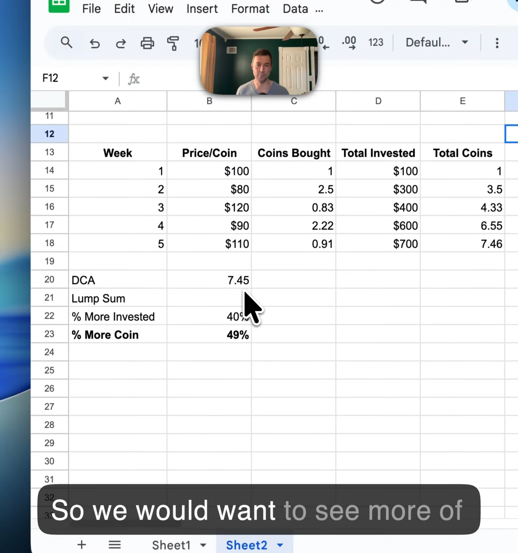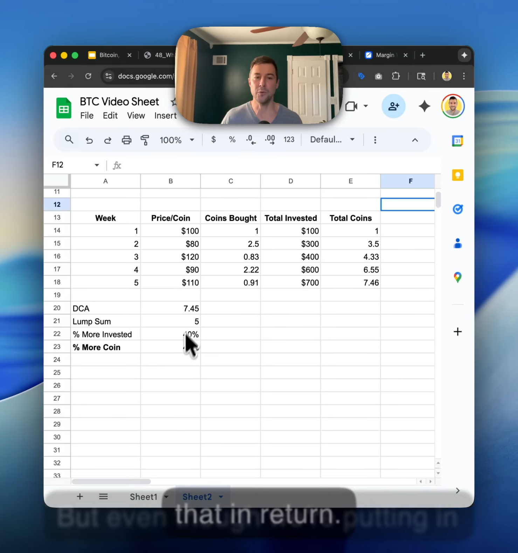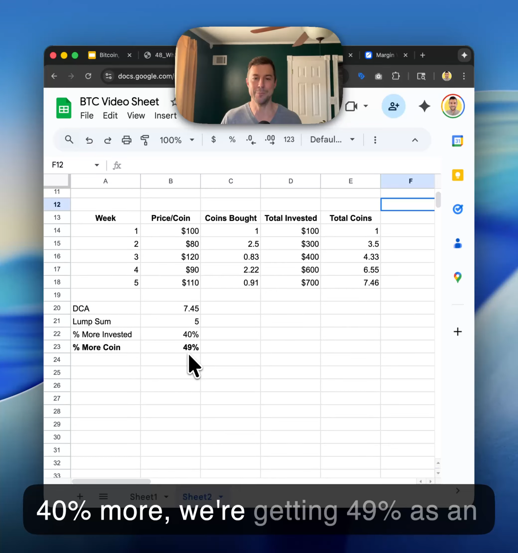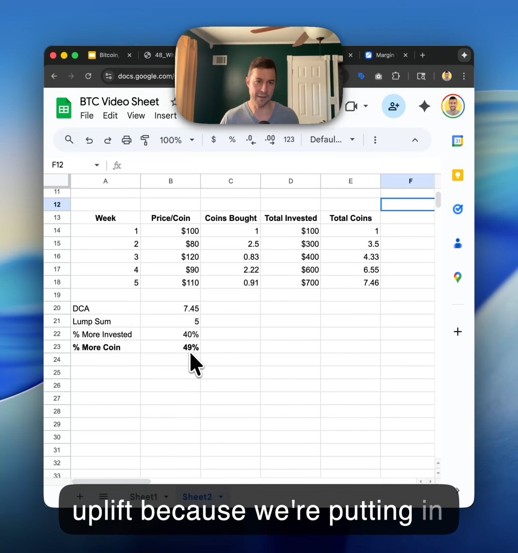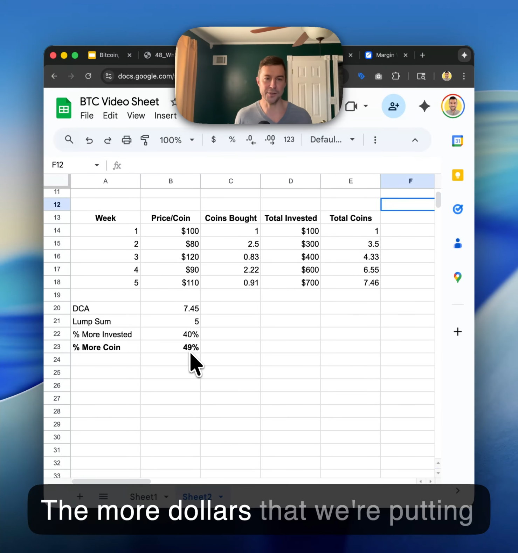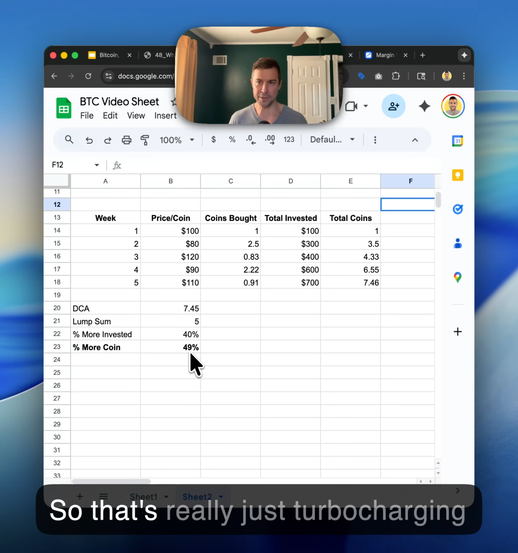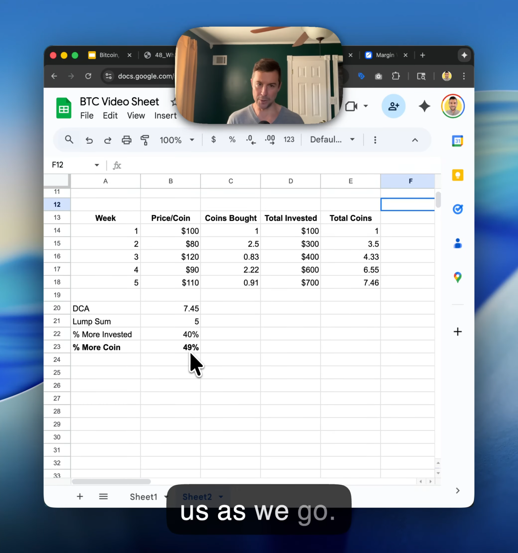So we would want to see more than that in return. But even though we're putting in 40% more, we're getting 49% as an uplift. The more dollars that we're putting in is when the price of Bitcoin is lower. So that's really just turbocharging us as we go.